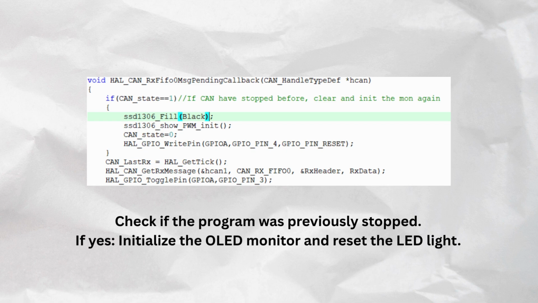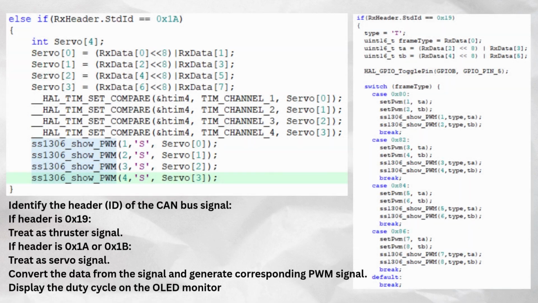After receiving a CAN signal, it would first check if there was any program stopped before. If yes, then it would initialize the OLED monitor and reset the LED light. Then it would identify the header of the CAN signal.